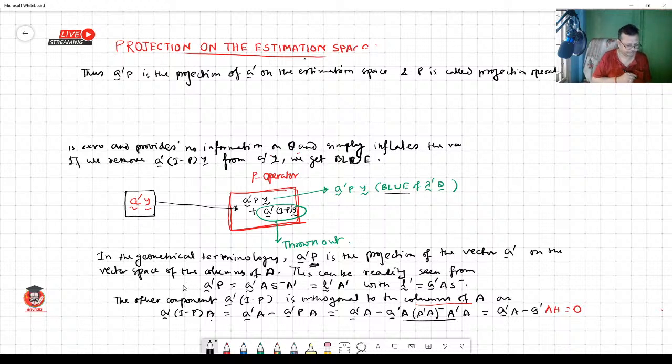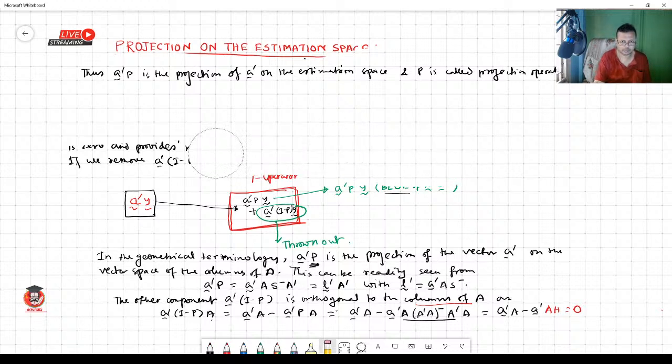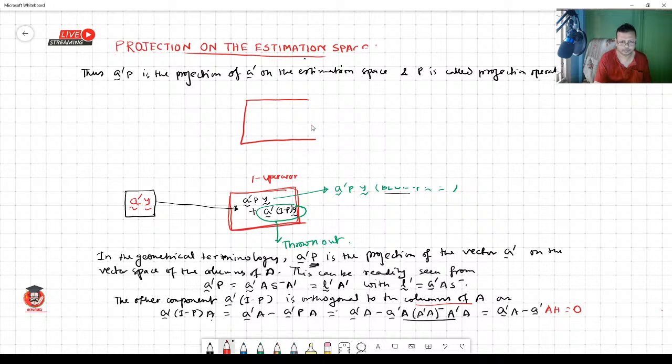Now you see that you have a projection operator box, P operator.